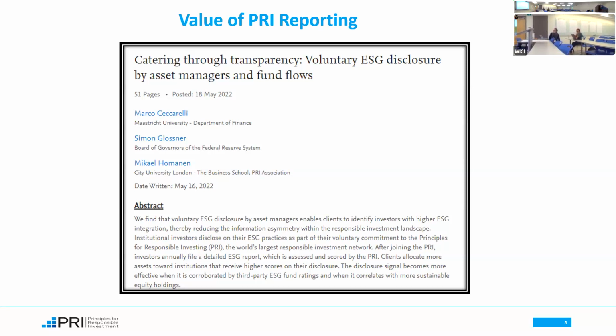And what we could see that whenever PRI disclosed information on the advanced institutions, you could see that capital was being allocated from asset owners, institutional investors, towards these asset managers that were advanced. So that's where this information is truly valuable in the market. So capital is being directed in the right place. And that will be through quantitative responses and qualitative responses.